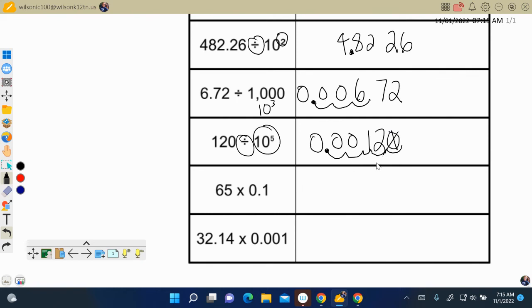Now, this next one looks different. It looks tricky, but it's the same thing. So, 65 times 1/10. If we were to work this out, 65 times 1/10, you know you get 5 times 1 is 5, 1 times 6 is 6. 1 swoop. So what you did there, if you notice, is you have 65, you put the decimal at the end, and you swoop it in 1 time because it's 1/10.